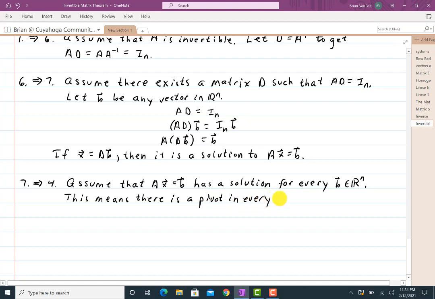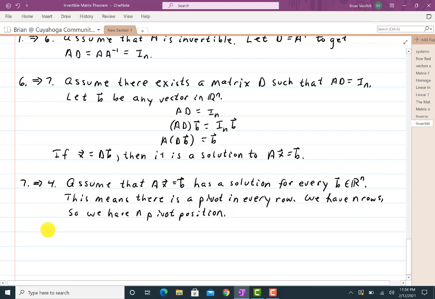This was an example that I had done not too long ago. Well, we have n rows. So we have n pivot positions. And that takes care of that.